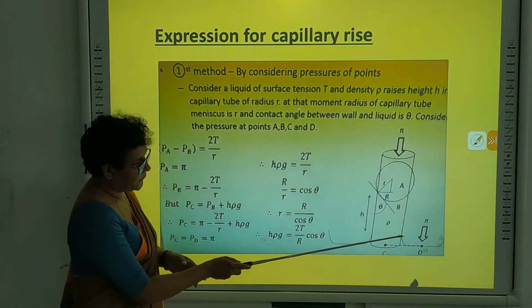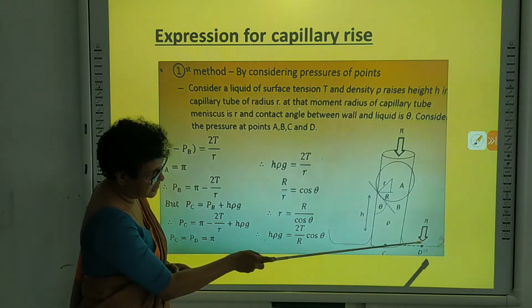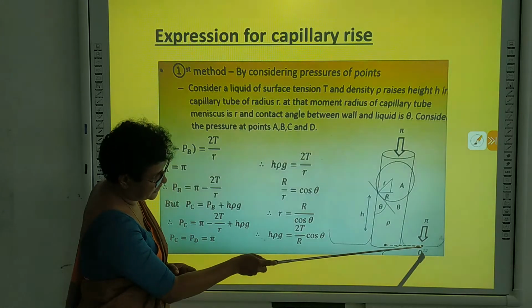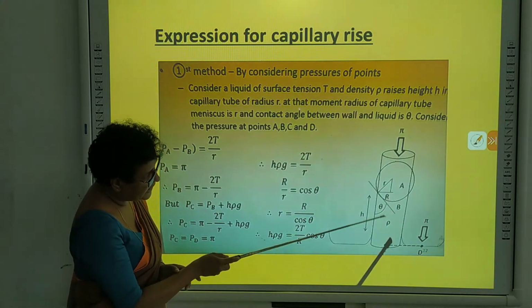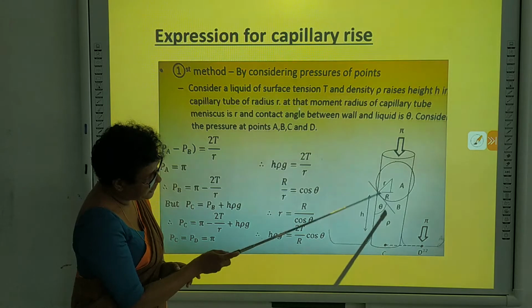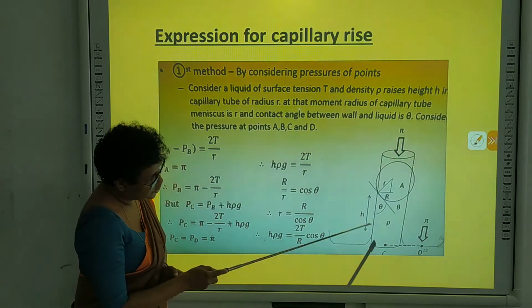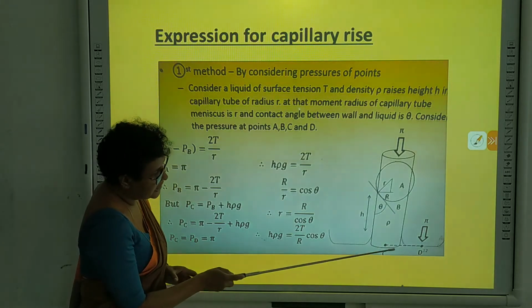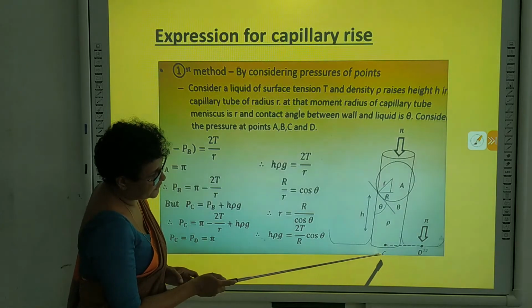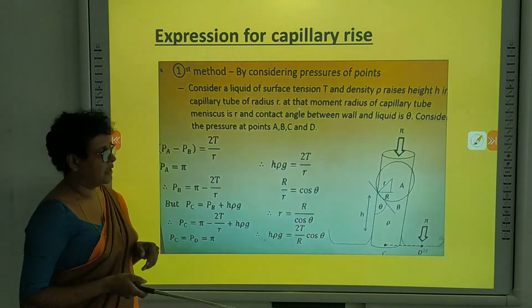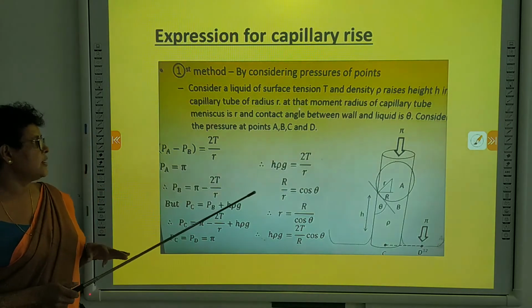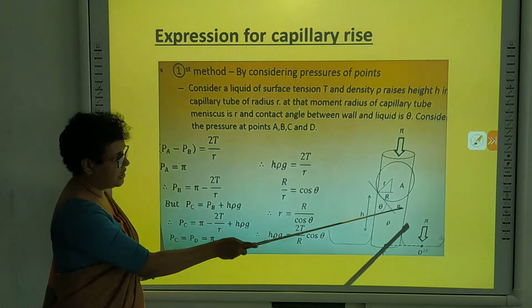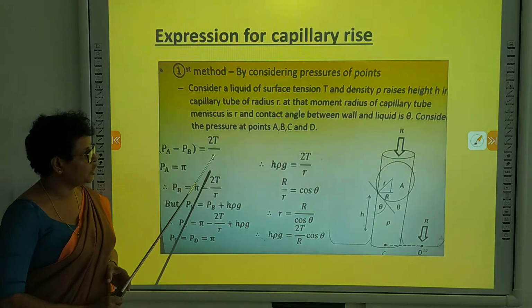Now the atmospheric pressure is P0. On the surface we have atmospheric pressure, and here at C we have the total pressure, PB plus h rho g. But in the same liquid at the same level, pressures are equal. Therefore, PC equals PB. Now consider the same equation: PA minus PB equals 2T over r.